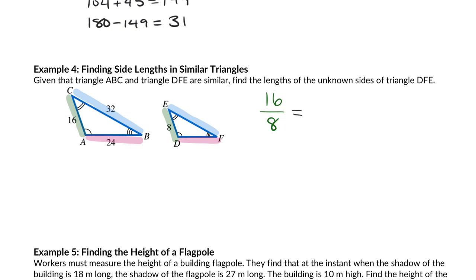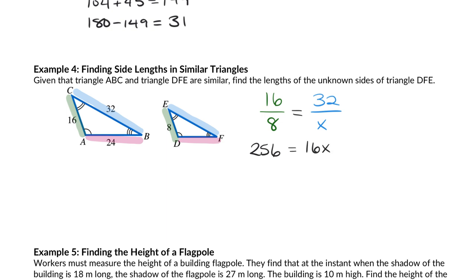16 over 8 is going to be equal to, let's do the blue side first. What number should I put on top of this fraction? 32. And what would I put on the bottom? X. We're going to cross multiply and divide. 8 times 32 is a big number, 256, equal to 16x.